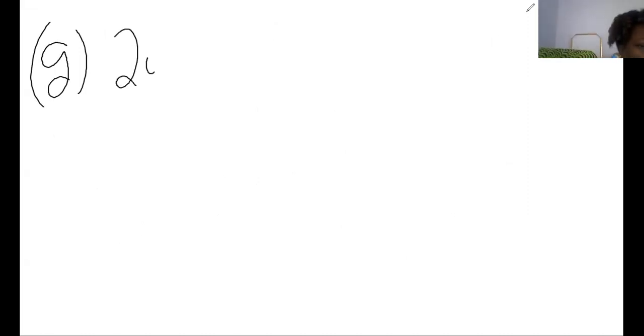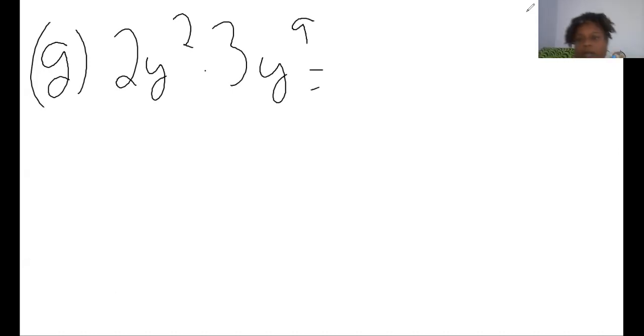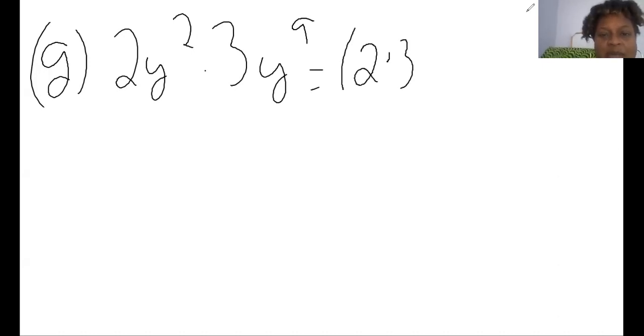2y to the second power times 3y to the ninth. Multiplying this out, we can identify that with these two monomials we will multiply the numbers. What are my numbers? 2 times 3.